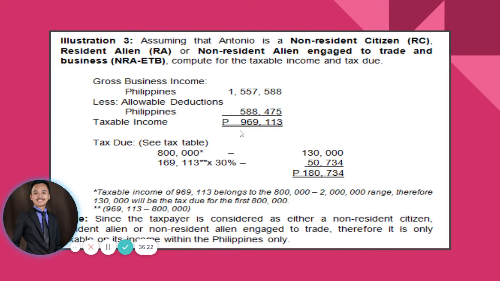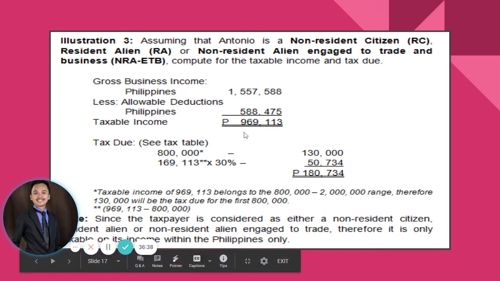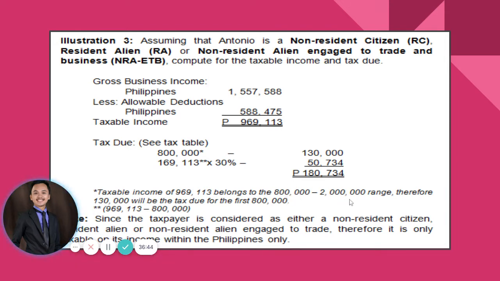So there's a taxable income of 969,113. So dili na included ang income from US since dili man sila resident citizen. So to compute, again, you base it sa table. Guys, the taxable income is 969,113. So still it belongs to the 800,000 to 2 million range.